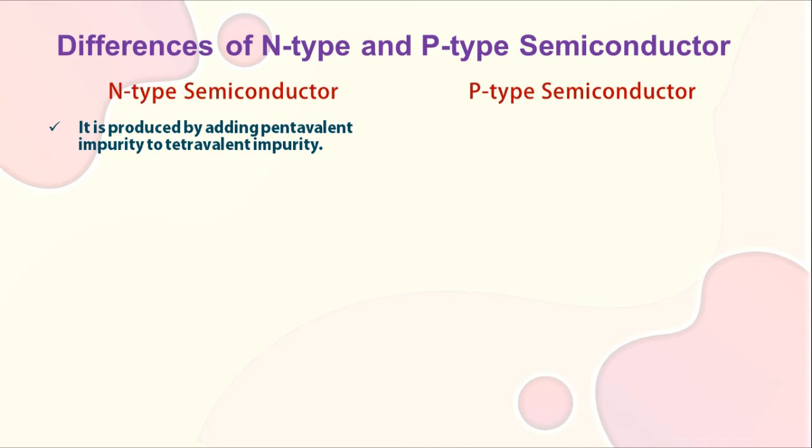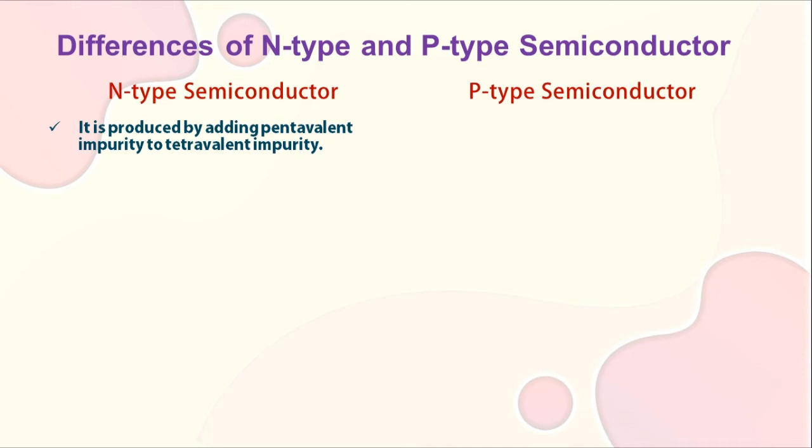Pentavalent means having 5 electrons in the outermost orbit, and it is doped with tetravalent. Tetravalent means there are 4 electrons in the outermost orbit of the semiconductor.